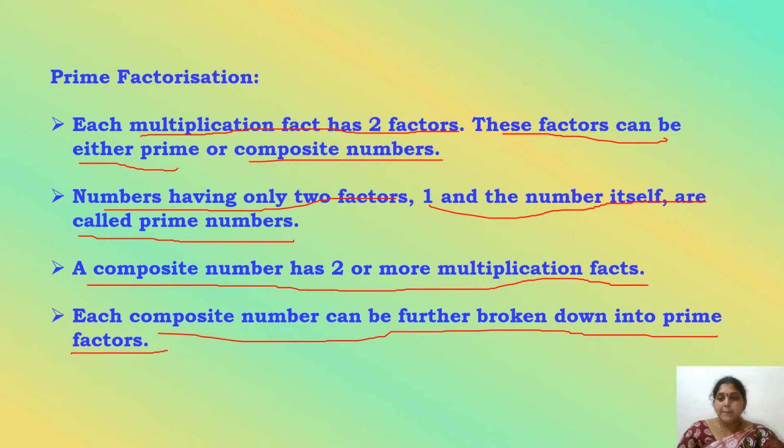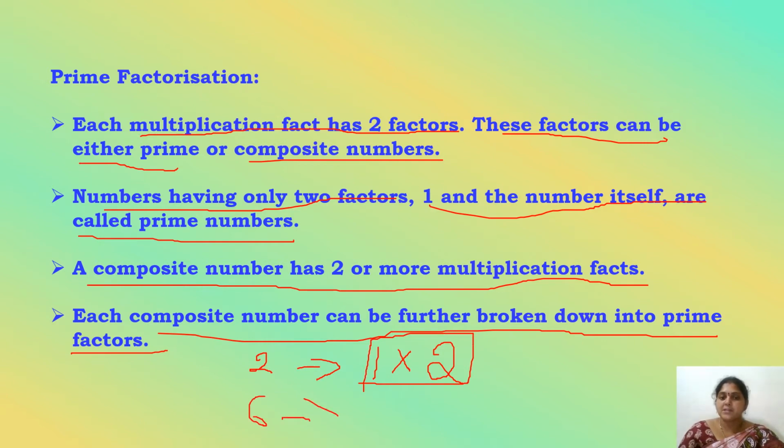Means, what are prime numbers? First, suppose I am taking the number 2. You can see the number 2 in only two tables, that is one table and two table. Right? So, 1 into 2 or 2 into 1 we can write. This is called the prime number. Now, suppose I am taking the number 6.